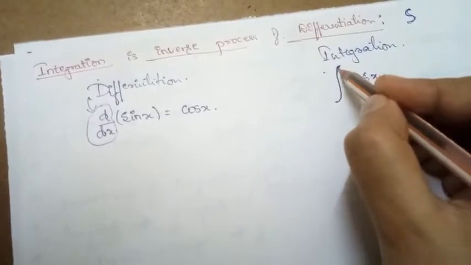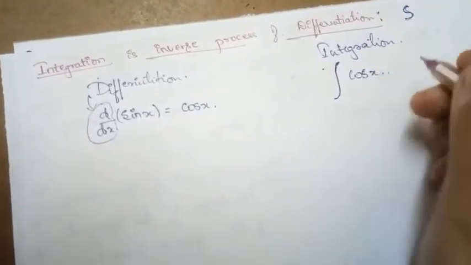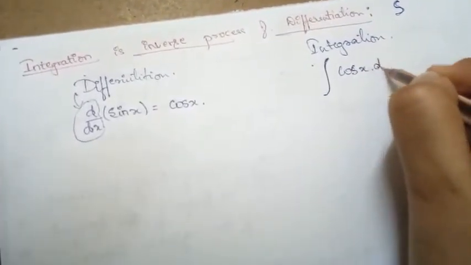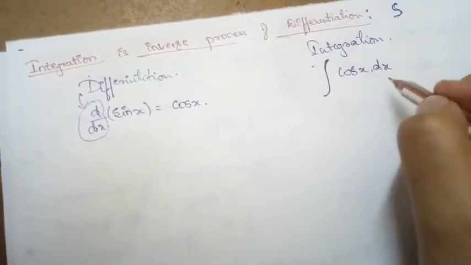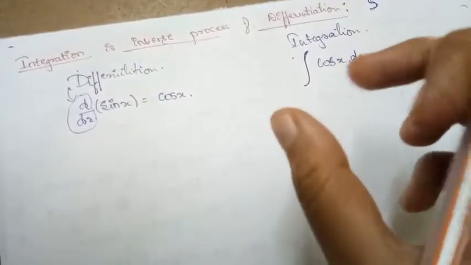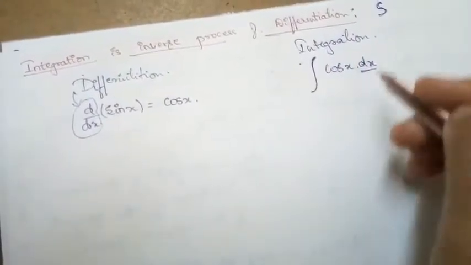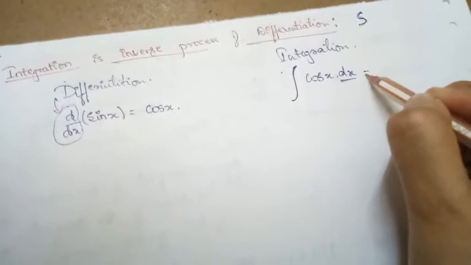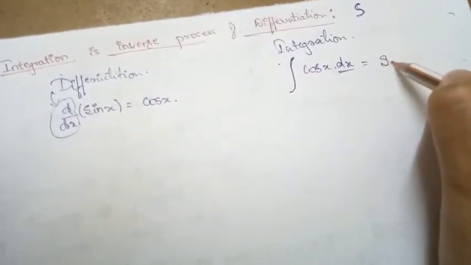So this is the integration symbol. Integration of cos x with respect to x, dx, where x is the variable. We are integrating the function with respect to the variable x. The integration of cos x is nothing but sin x.